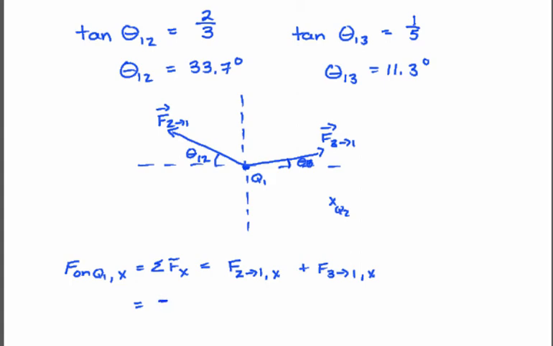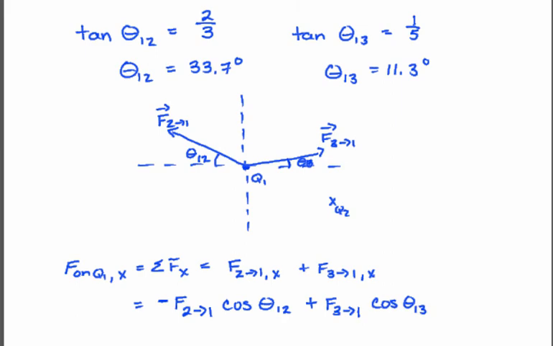So we need to put our negative sign in there. And that's going to be the magnitude that we already calculated times cosine of the angle that we've also already calculated. Now, the force due to charge 3 on charge 1 is pointing in the positive direction, so that gives us a positive here. Force of 3 onto 1, also times cosine of the angle between them.